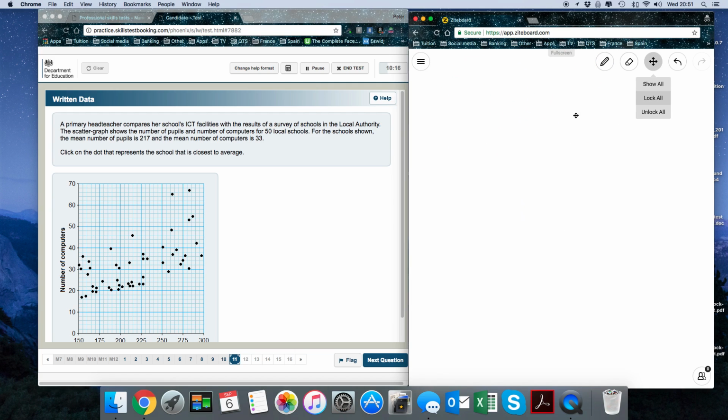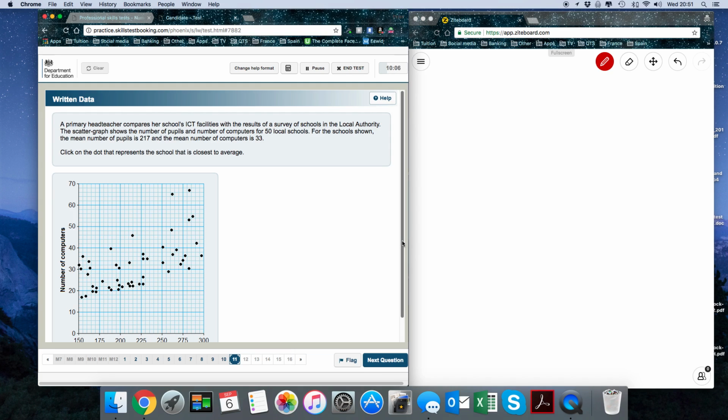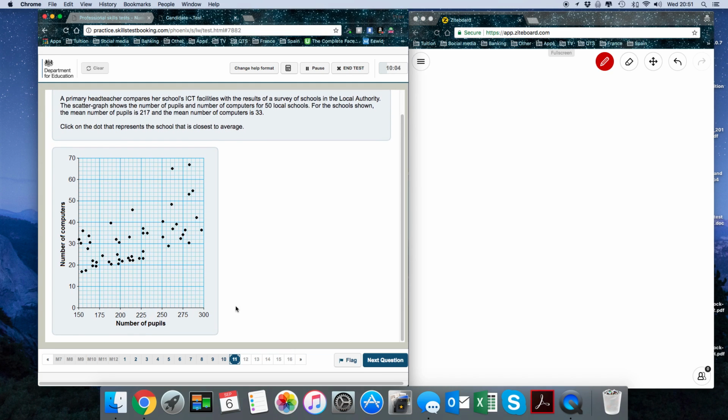Now these questions, I've put some of these questions in my test, but I'll be honest with you, I haven't got the technology to allow you to click on a dot. And it confuses a few people because I asked them to write down the coordinates of the dot. With these DfE tests it's a little bit easier, but these questions are very, very simple, and again I'm slightly surprised how much people struggle with them.